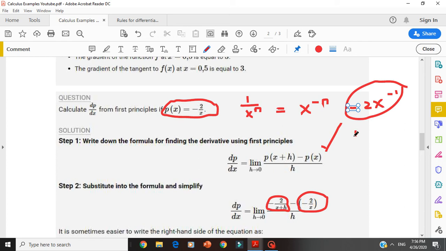So therefore, you're going to get plus 2 in the front here because of the 2 being the coefficient. Right, x to the power minus 1 minus 1 is x to the minus 2. And to rewrite this back as a positive exponent, it just becomes 2 over x squared. Right, using this rule that I mentioned here.